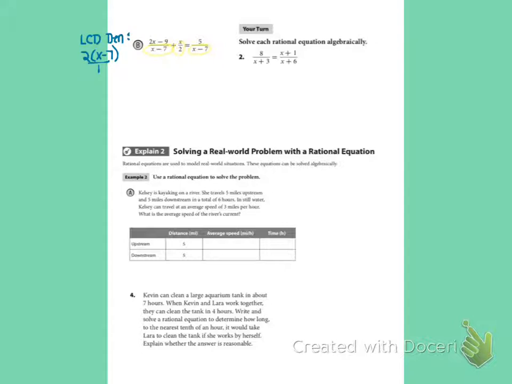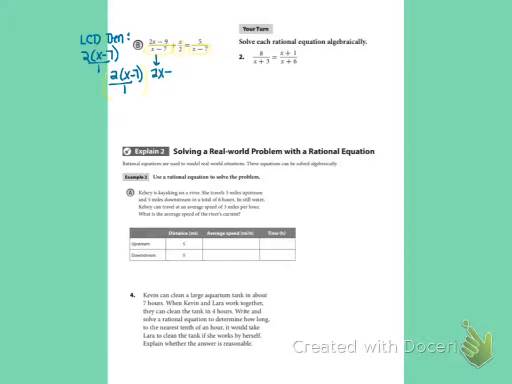So anyway, I'm going to go ahead and rewrite this. I'm going to take every one of these terms here, and in front of it I'm going to put this factor, this 2 times x minus 7 over 1, and I'm going to just multiply each one of these terms by that factor, which is, again, the LCD, or the least common denominator.